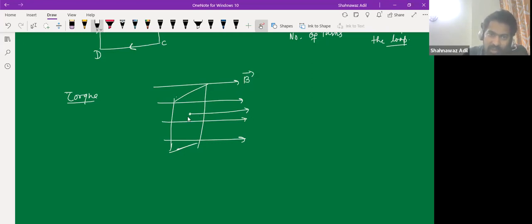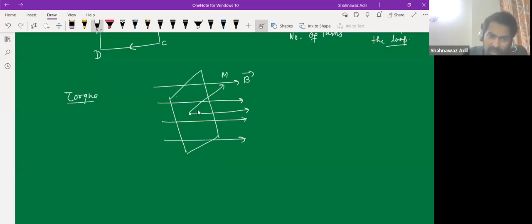Let's say we place it at some angle. This is the direction of the magnetic moment.